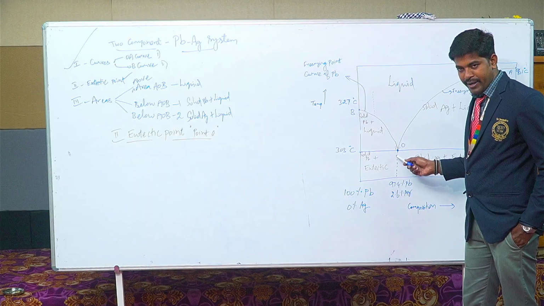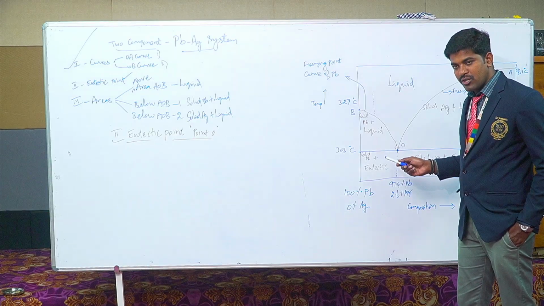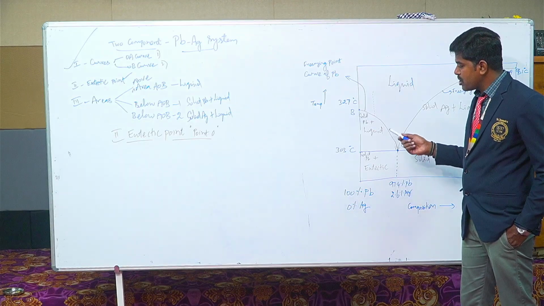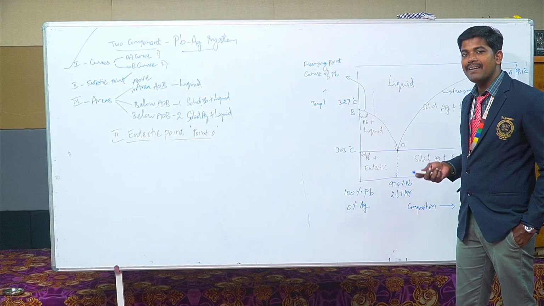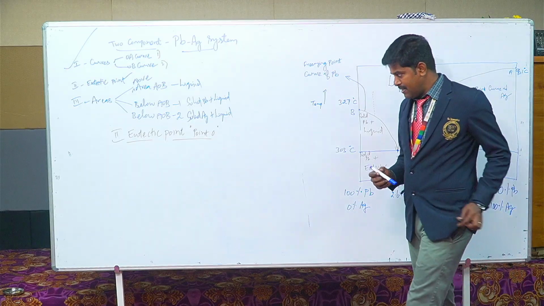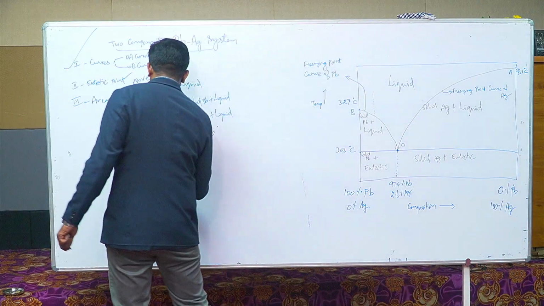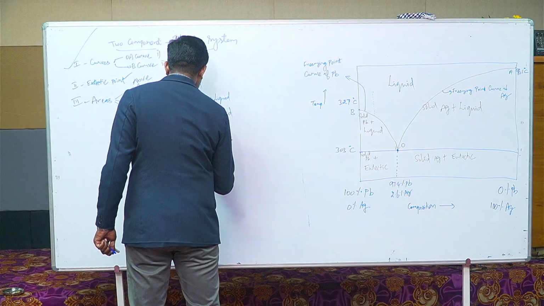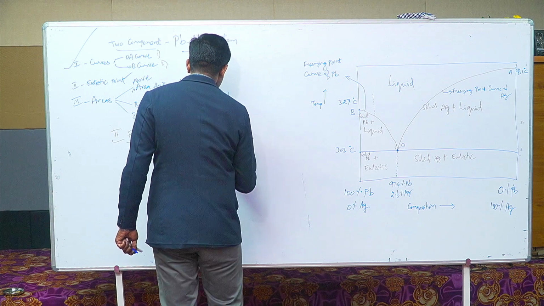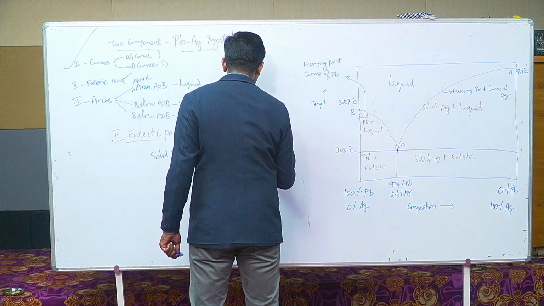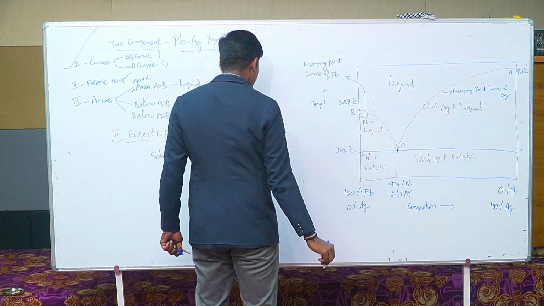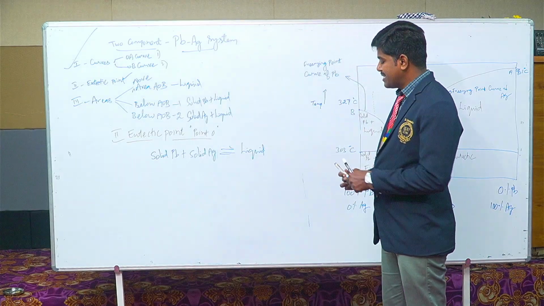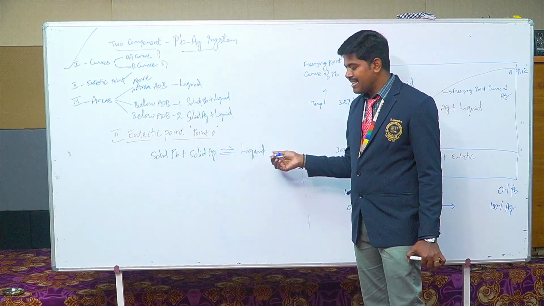So at this point, there is an equilibrium between both the solid states and the liquid melt. What are the solid states? Solid silver and solid lead. So solid lead plus solid silver is in equilibrium with the liquid. This is the equilibrium reaction existing at this point.